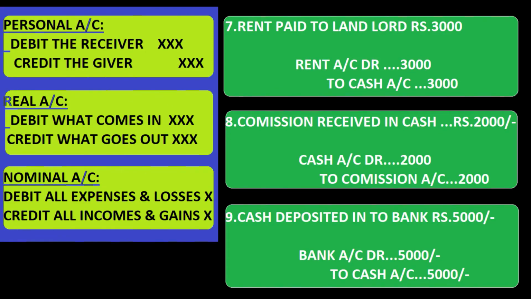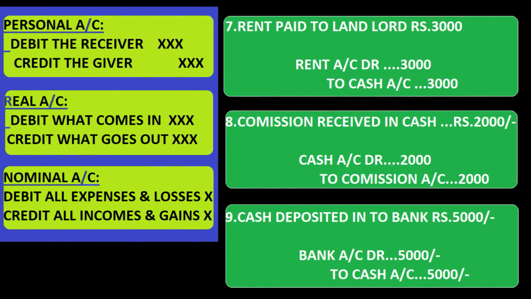Hope you understood. The eighth transaction is commission received in cash rupees 2000. What are the two aspects? One is commission and the other one is cash. Cash is a real asset. So as per real account rule, debit what comes in. Cash came in. Now commission received is an income.